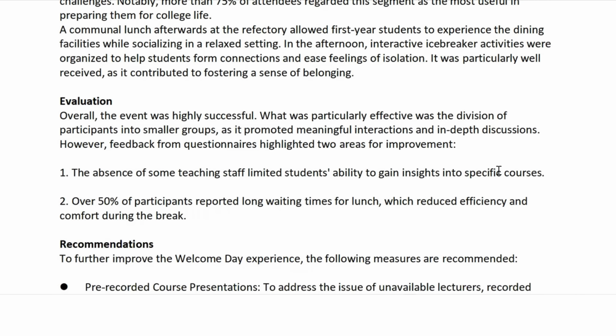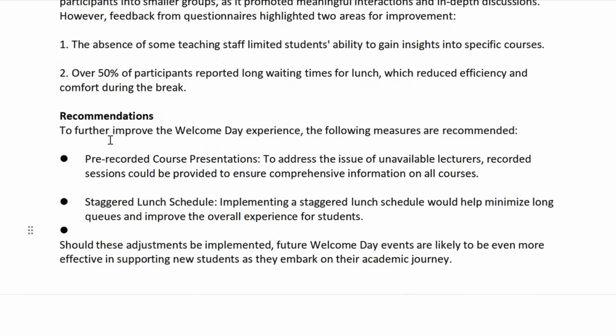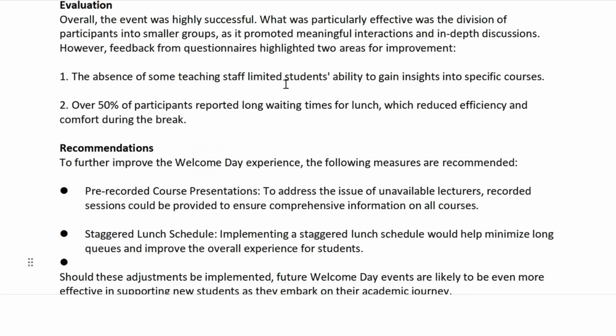This is the sort of element they're looking for in relation to complex information. We've developed straightforward ideas into something slightly more complex. And again, with the recommendations, we've done that here, developing ideas based on the evaluation that we've talked about here.